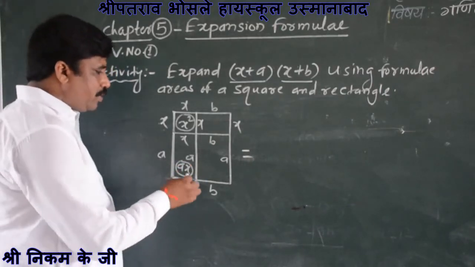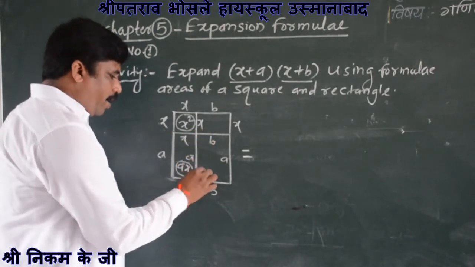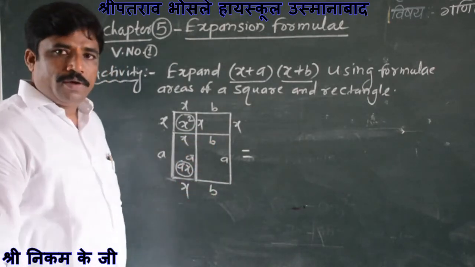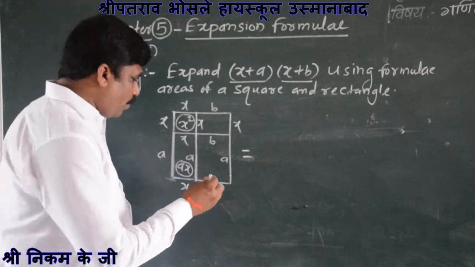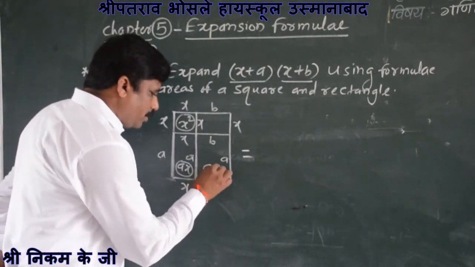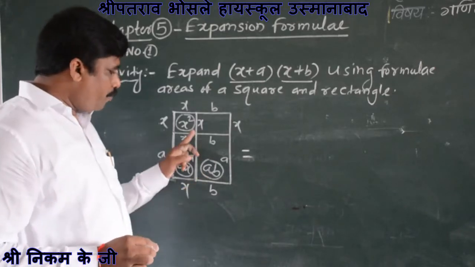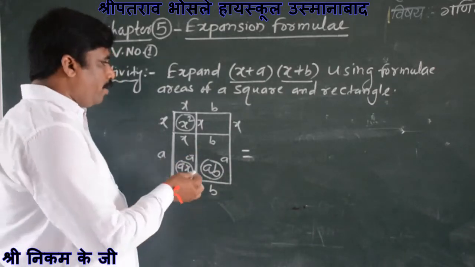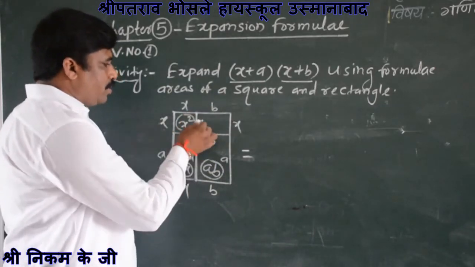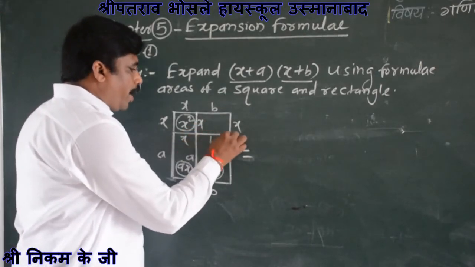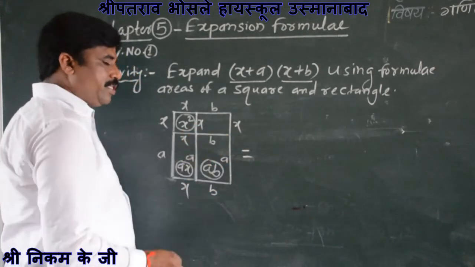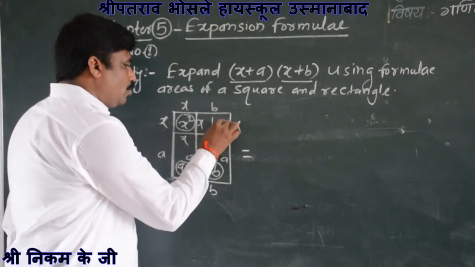And the third one: here length is a and breadth is b. The area of a rectangle is equal to length into breadth, means ab is the area of this rectangle. And the last one, here length is b and breadth is x, that is equal to bx.